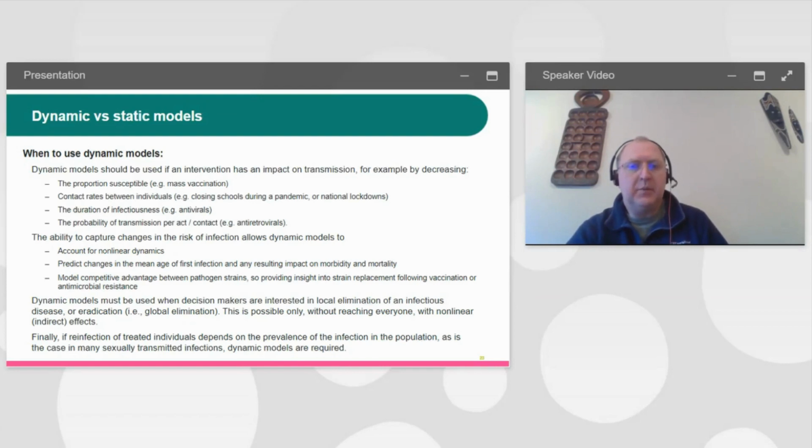And so the ability to capture changes in the risk of infection allows these dynamic models to account for the inherently non-linear dynamics of infectious diseases.